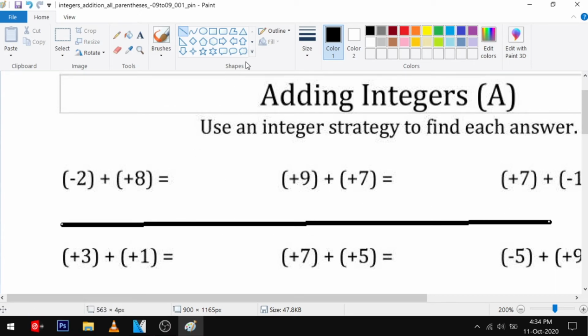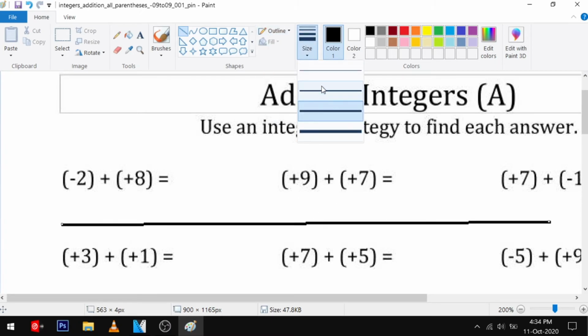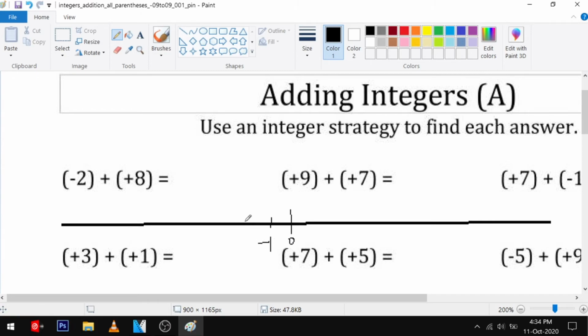All right, and I'm just going to use smaller writing. All right, so this is 0, this is -1, this is -2. All right, and this is -3, -4, -5.